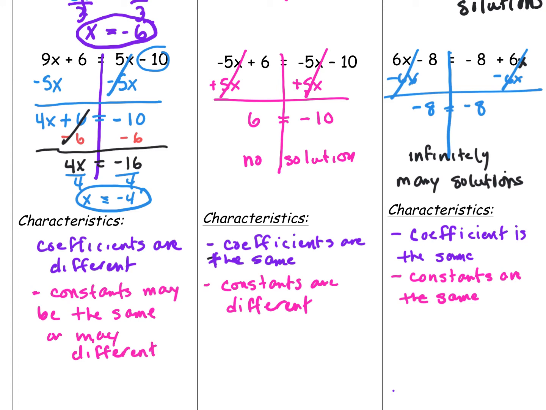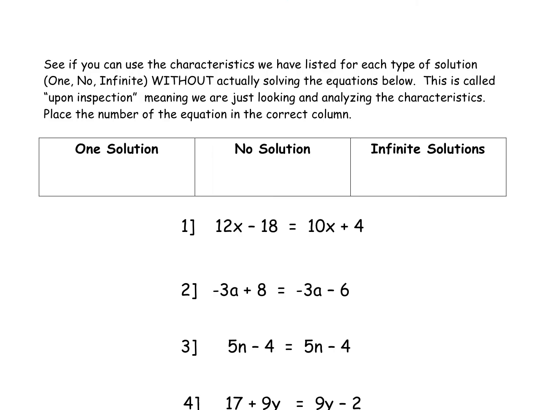Okay, so how are we going to use this? Let's look at the next page. We can refer back to the first side at any time to help us. This says, see if you can use the characteristics, what we noticed about the coefficients and the constants, that we've listed for each type of solution, one solution, no solution, infinite solutions, without actually solving the equations below.